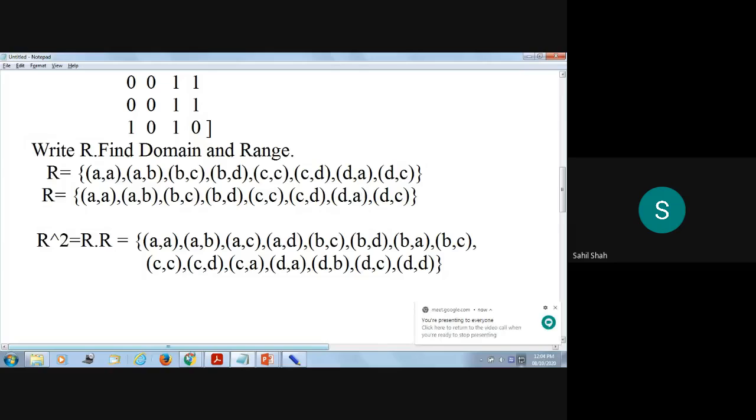If you are able, now I am not going to compute R cube, you will be telling me the pairs of R cube directly. I have done for R square.